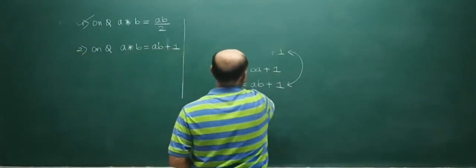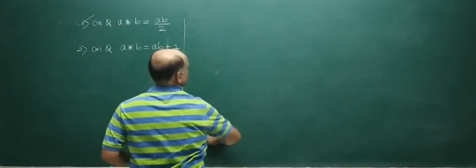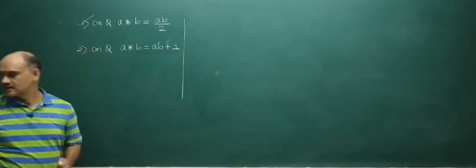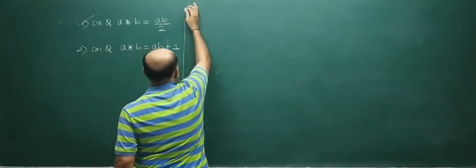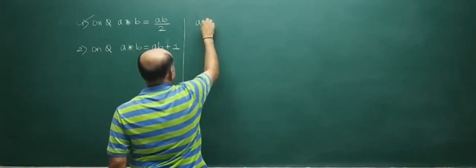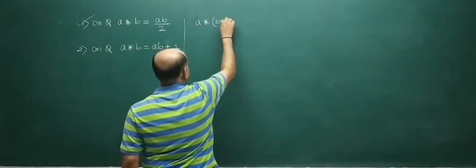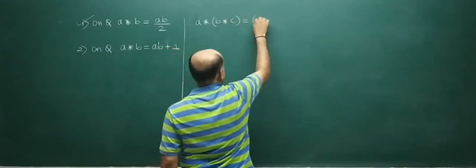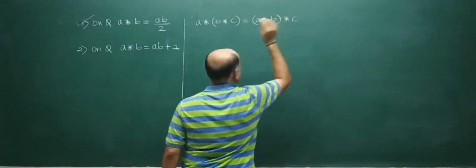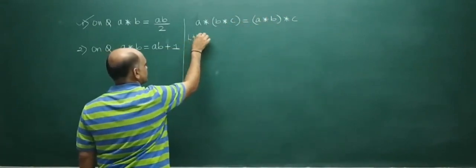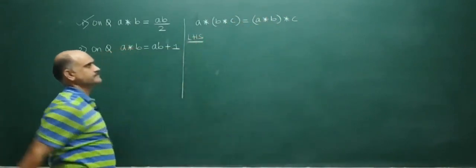Now similarly, we will check associative. For associative, the definition is A star (B star C) is equal to (A star B) star C. So first we will solve LHS.